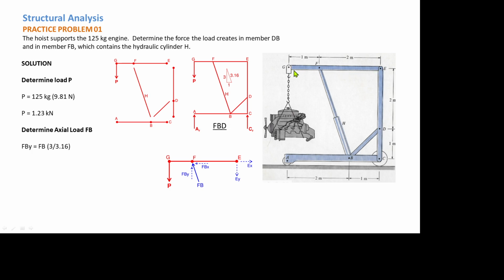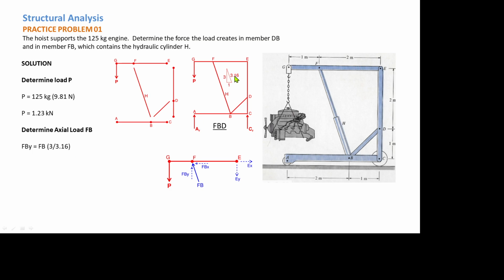If we detach this member from the frame, all the forces that we have are the FB axial load here, and the corresponding components, FBY and FBX. So FBY is equal to FB times 3 over 3.16. That is the vertical component for axial load FB.